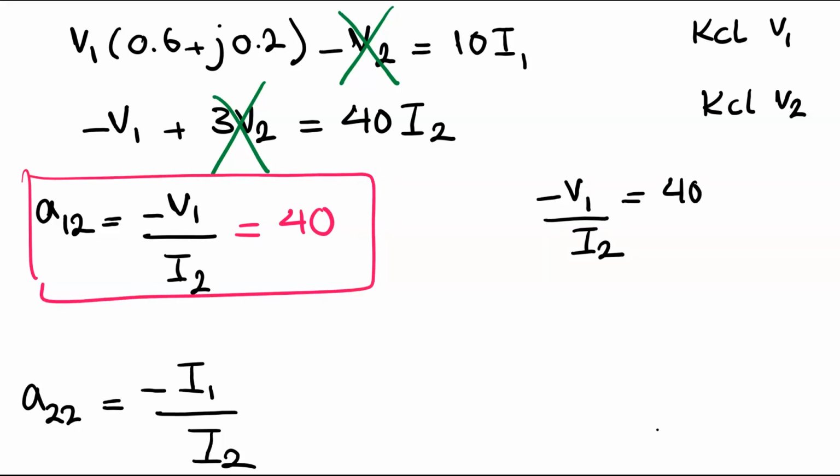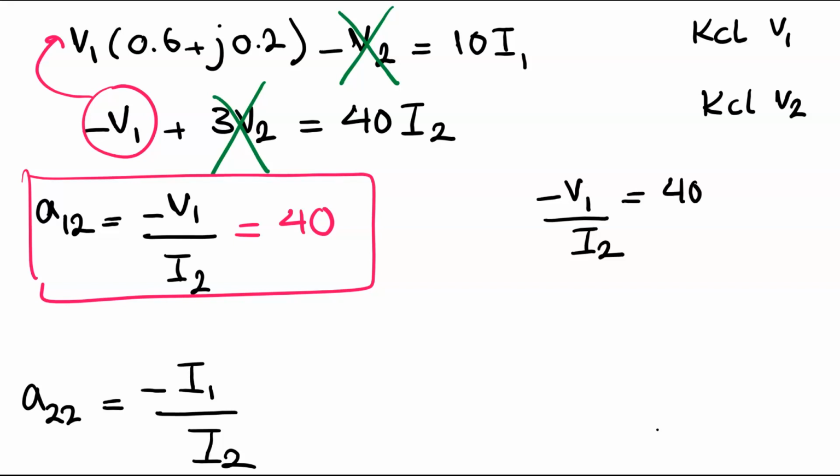And now for A22, I need the relationship between I1 and I2. So in the first equation, I have V1 in terms of I1, and in the second one, I have V1 in terms of I2. So if I replace V1 in my first equation from here, I can describe my I2 based on I1, and then I can find my constant here.